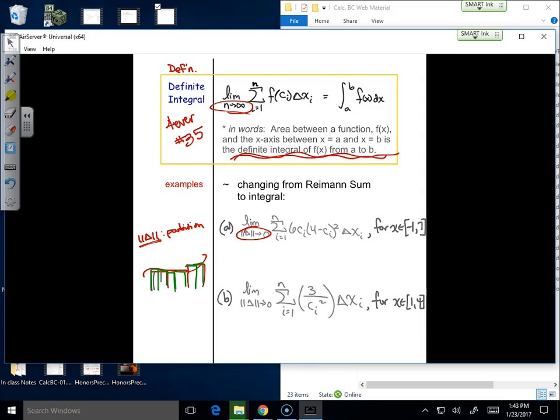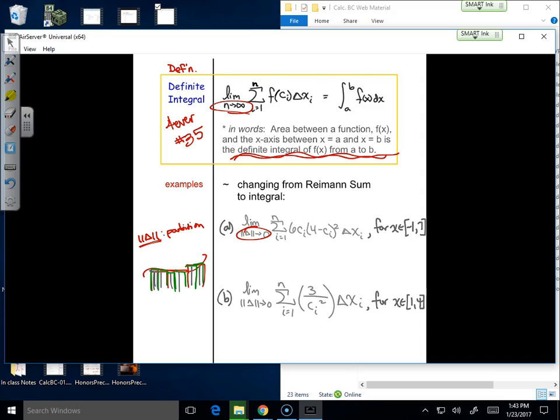Let's fit in 12 rectangles. Question, what's going on to the poor little bases of these rectangles? So what's the partition approaching? 0. So as you fit in infinitely many rectangles, what's happening to the partition? It's approaching 0. So don't stress about that extra stuff.